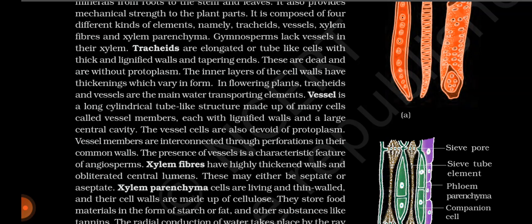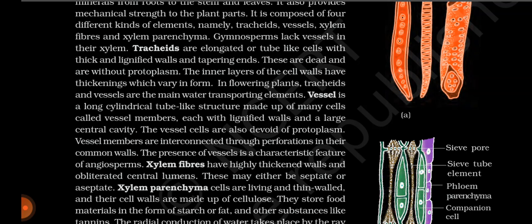In flowering plants, tracheids and vessels are the main water transporting elements. A vessel is a long, cylindrical, tube-like structure made up of many cells called vessel members with lignified wall and a large central cavity. The vessel cells are also devoid of protoplasm. The vessel members are interconnected through perforations in their common wall. The presence of vessels is a characteristic feature of angiosperms.